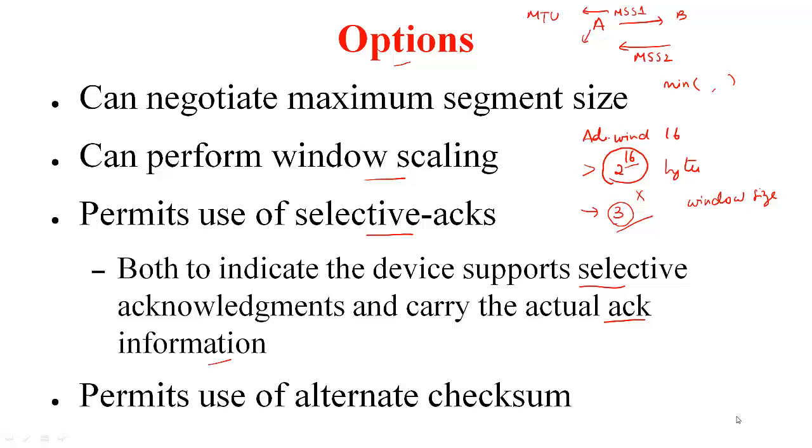Similarly, the checksum that is employed as part of TCP is not a very sophisticated algorithm. It is a function of the 16-bit one's complement algorithm that I mentioned earlier. But if you want to use a more powerful checksum, options fields let you do so. There are more options than this, but I think you get the idea as to how options fields are used.